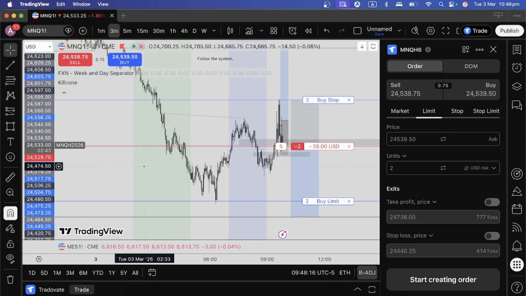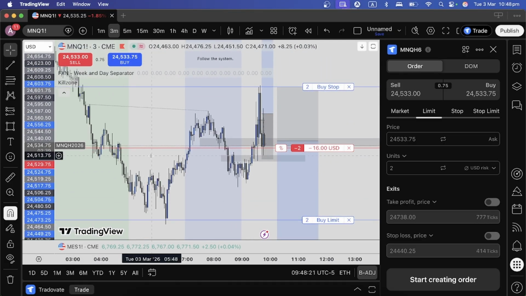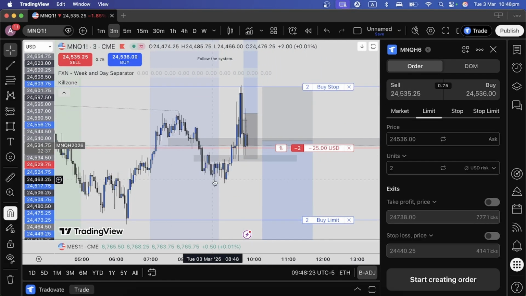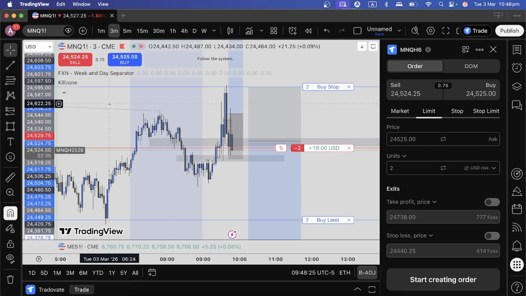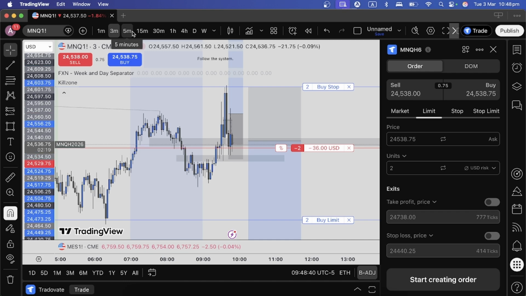Today was a really messy day because I came into the day with two biases, and the fact that I acted on both of the biases was just what messed me up. I should have stuck to one bias, I think, or I should have just not taken a trade. That is the issue for today.